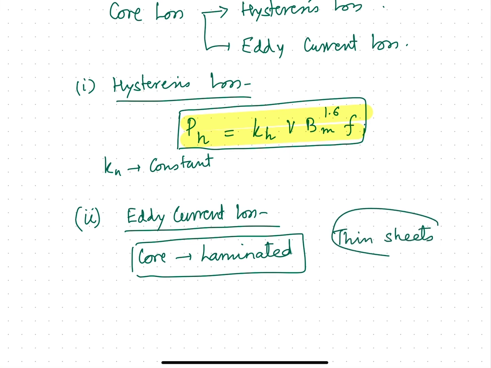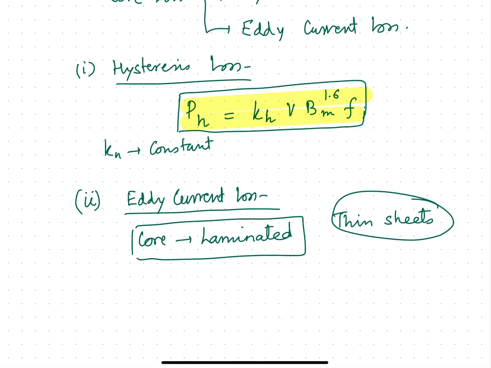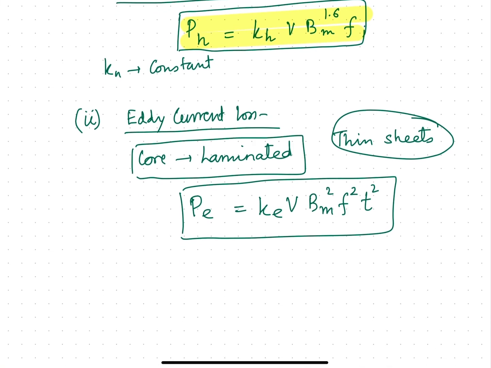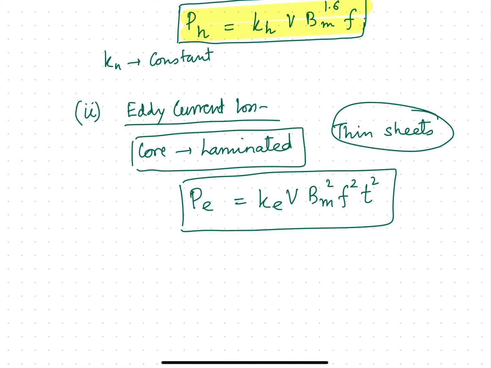And these thin sheets are insulated from one another, right? So this loss, the eddy current loss, PE, is quantified as Ke V Bm square F square T square, where Ke is the constant and depends on the material or resistivity of the material.